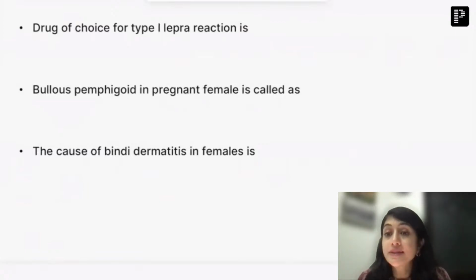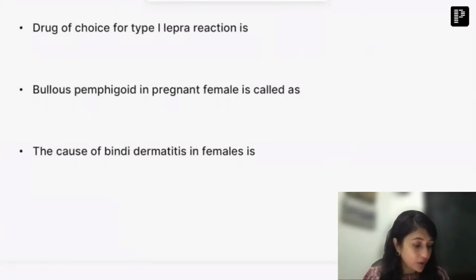Here, the existing lesions become more erythematous, tender, and edematous, and there is nerve involvement in the form of nerve abscess, nerve pain. It usually happens after you start a patient of upper spectrum of leprosy on MB-MDT and this reaction happens.